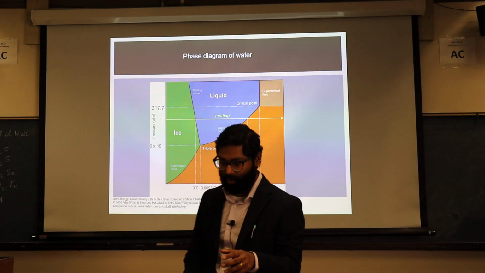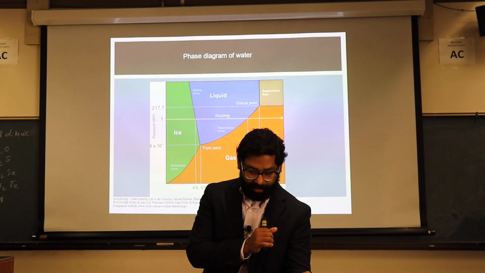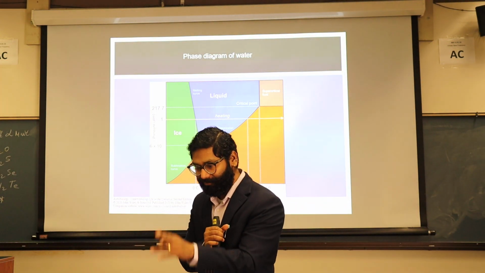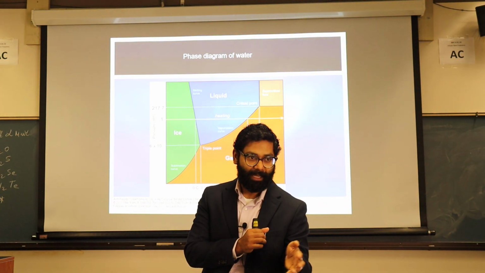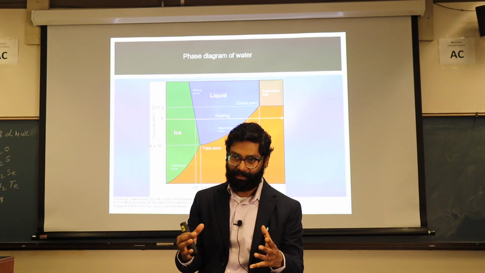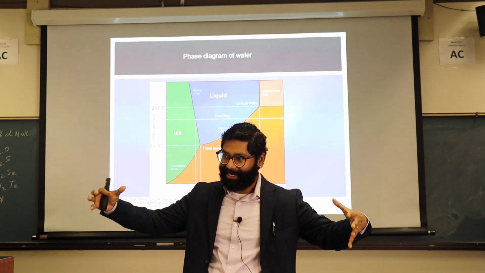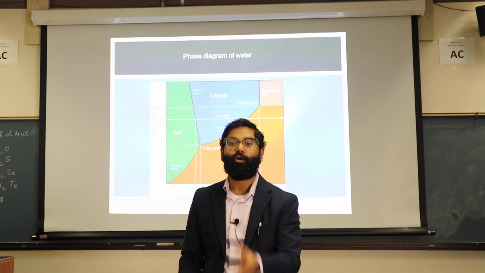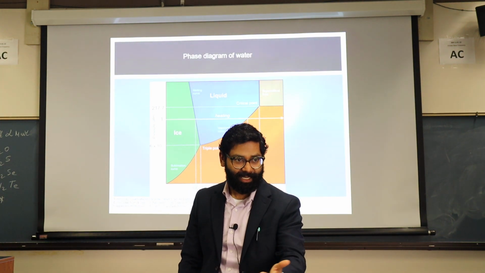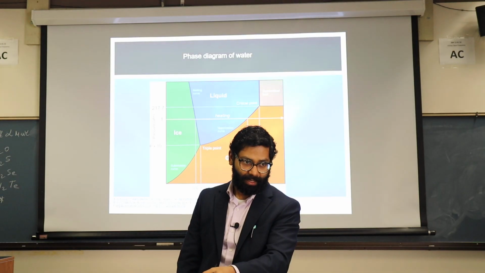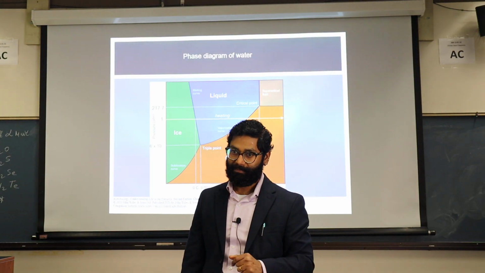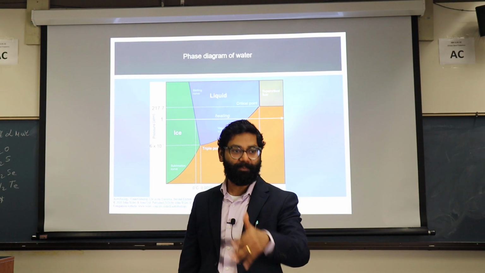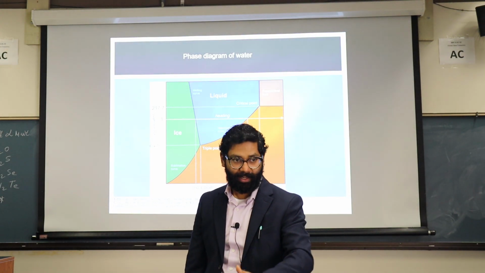Will it try to go from solid to liquid or liquid to solid? You are putting more pressure. So what is happening? The things are getting closer or farther away? Closer. So there should be a tendency of going from liquid to solid. Right? So when you apply more pressure, you should go from a liquid to solid.